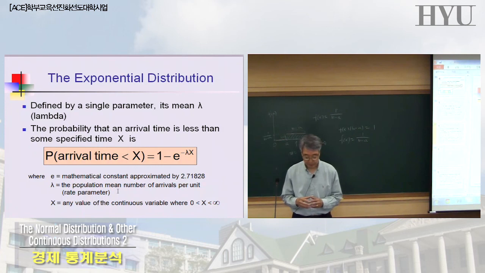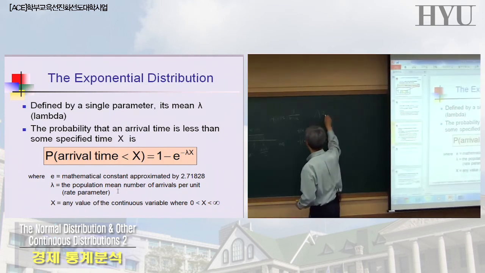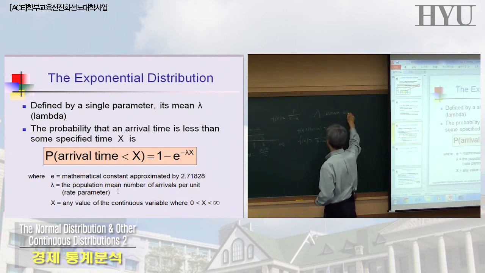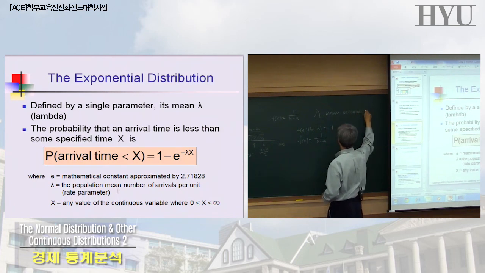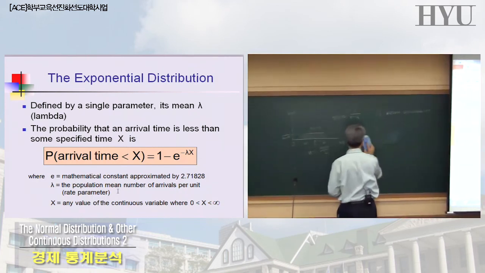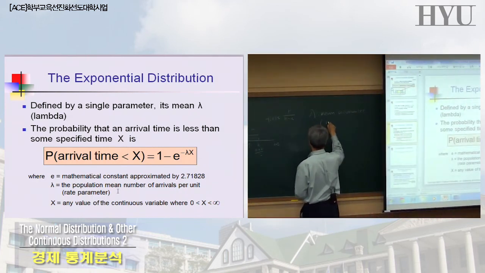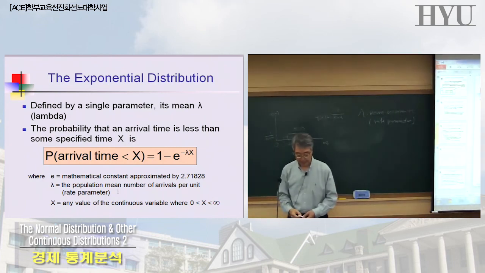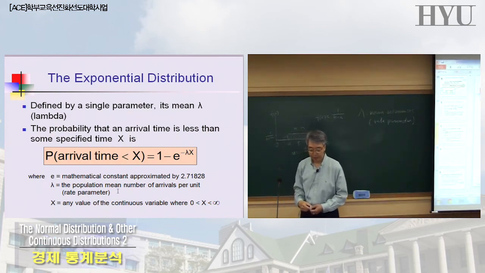So the lambda is also called the rate parameter. Mean or average occurrences. In some cases, this is called the rate parameter. And all you need to know to calculate the exponential distribution is lambda.